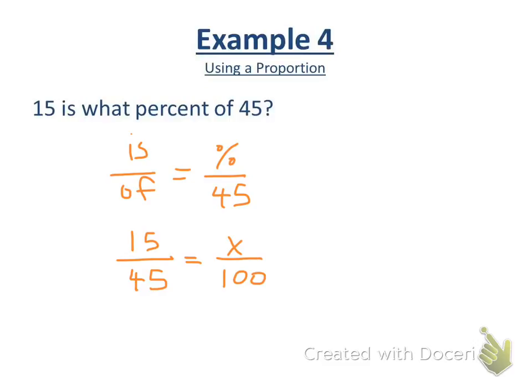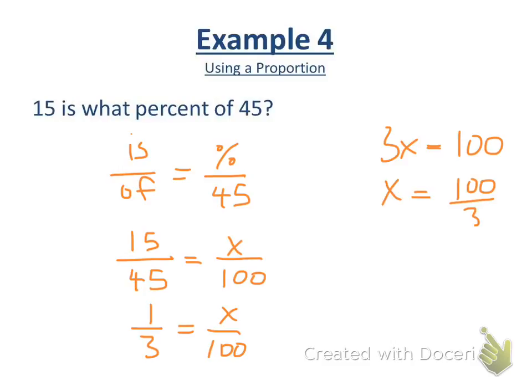It's always nice to simplify this fraction. 15 over 45 simplifies to be 1/3. All right, cross multiply, we get 3x equals 100. So x, our percent, is 100 divided by 3, which is like 33 and 1/3 percent.